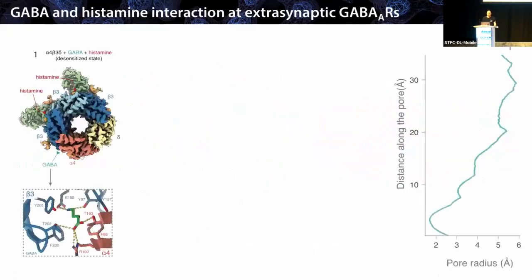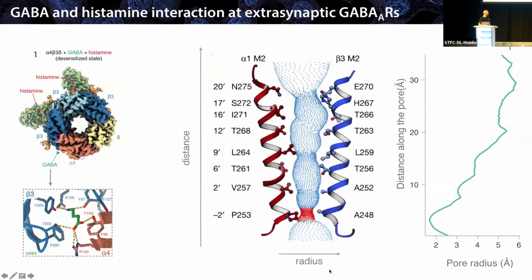So the first structure we solved here from this cell line is the alpha-4 beta-3 delta extrasynaptic receptor, which binds histamine here and here, and then one molecule of GABA here. And this is just a zoomed-in model of this pocket showing the GABA that we modeled. On the right-hand side, I'm showing the pore profile. Basically, on the x-axis is the radius of the pore.